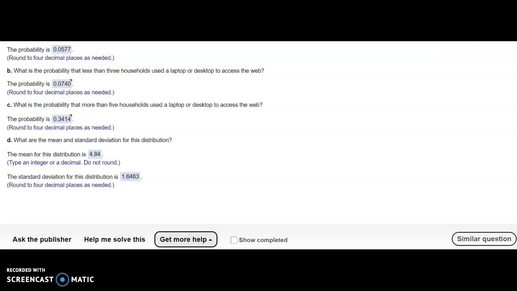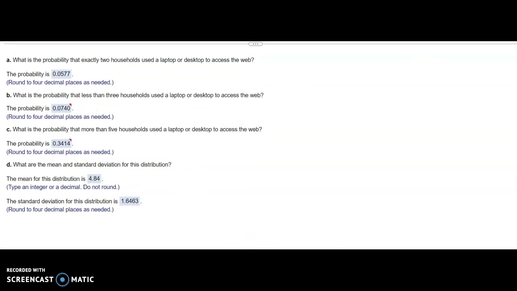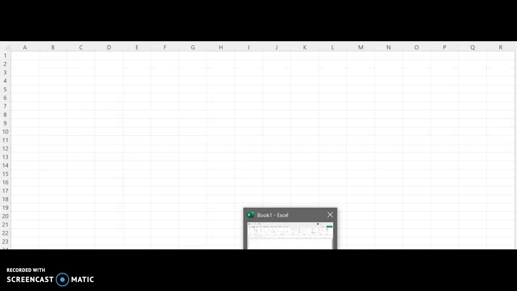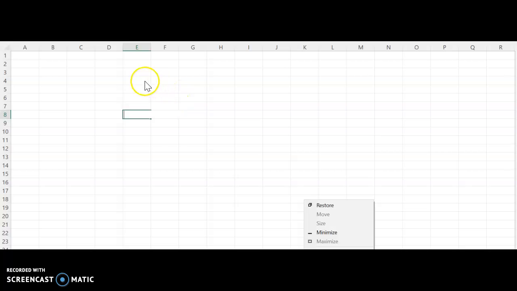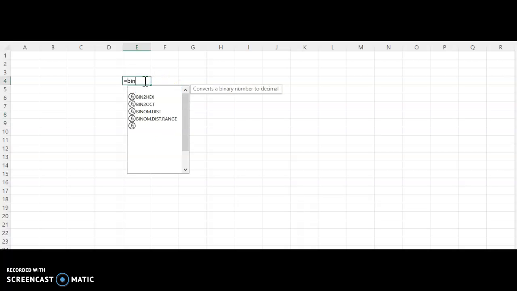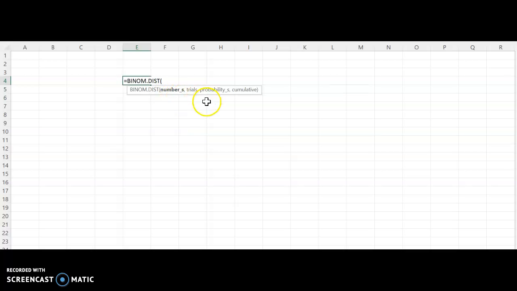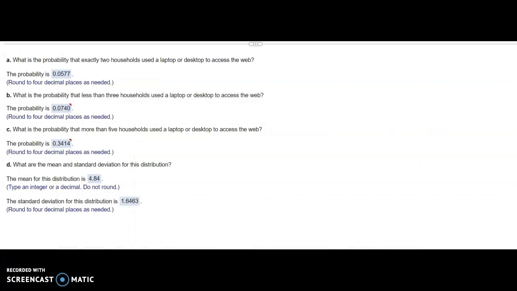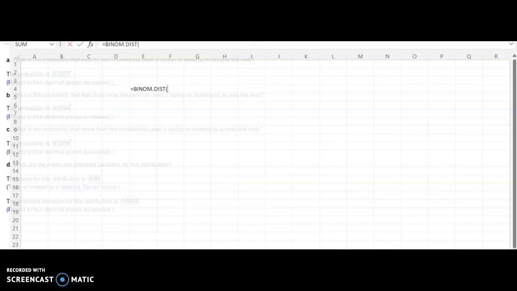Let's just do one and it'll make more sense. So you're going to open Excel here, and you're going to do equals binom.dist, and then the number of successes is 2 households.